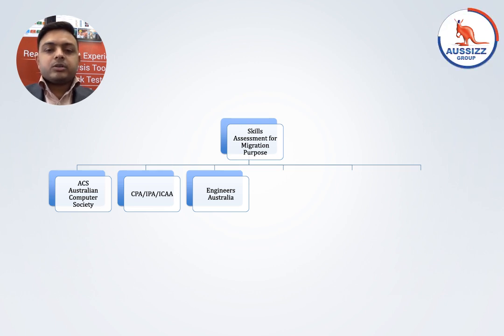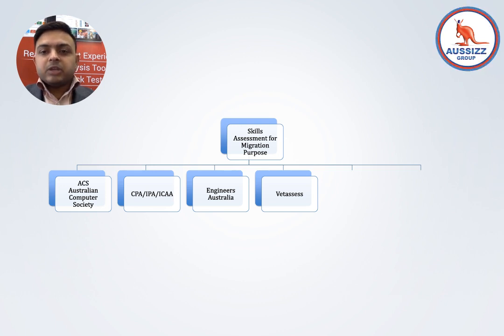The next assessment body is VETASSESS, which usually assesses general occupations, let's say management occupations generally, which could be a cafe or restaurant manager, customer service manager, then marketing specialist, advertising specialist, and corporate services manager, for example. So this kind of occupations.